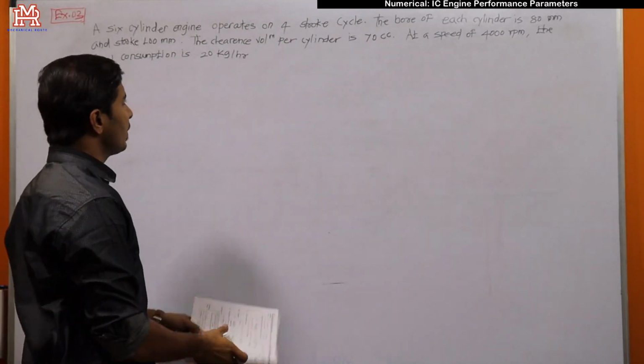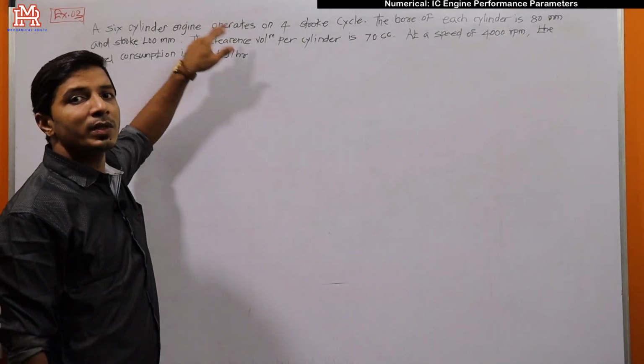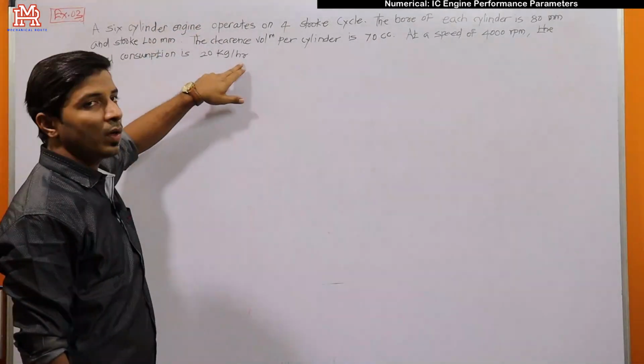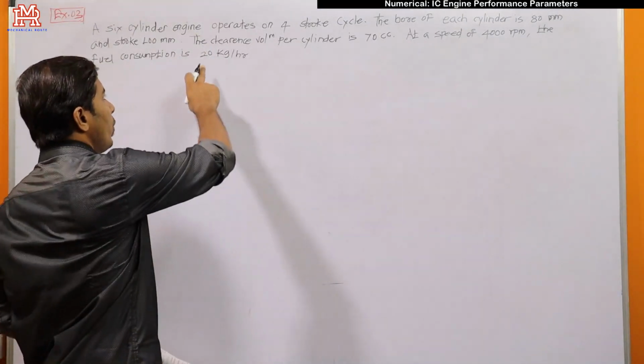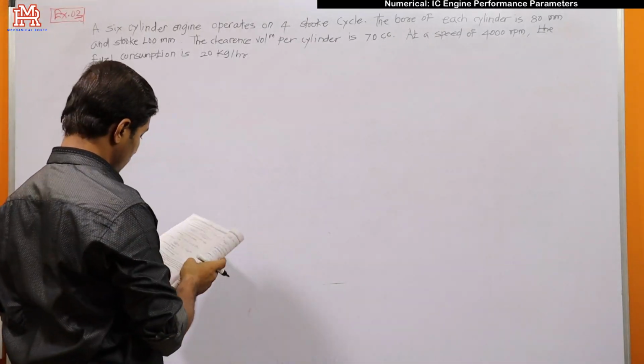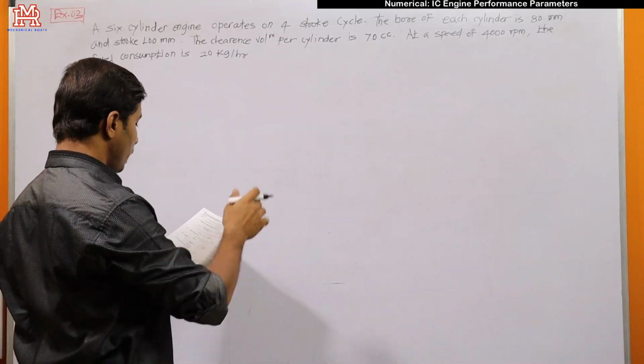In the previous numerical, this hour was given separately. The test is conducted for 1 hour. Now here it is clearly mentioned that it is 20 kg per hour, and torque developed is 150 Newton meter.